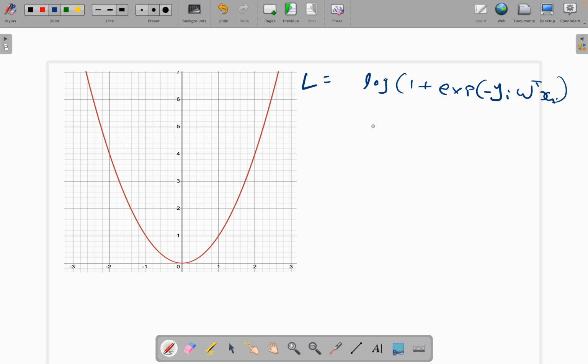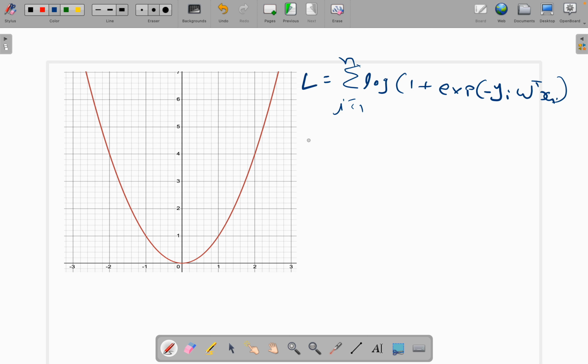This was our loss function in logistic regression, also known as the logistic loss. Here yi and xi are our training data set. We have to find the optimal w which can minimize this loss. So there would be a summation from i equal to 1 to n, for n data points. This is what we have to minimize.